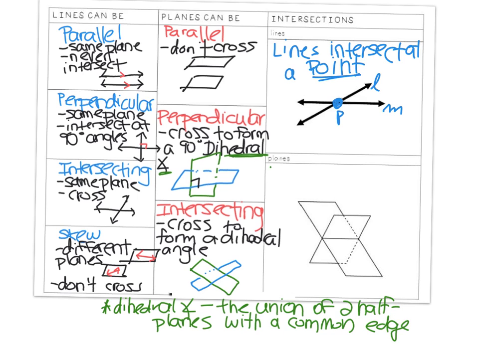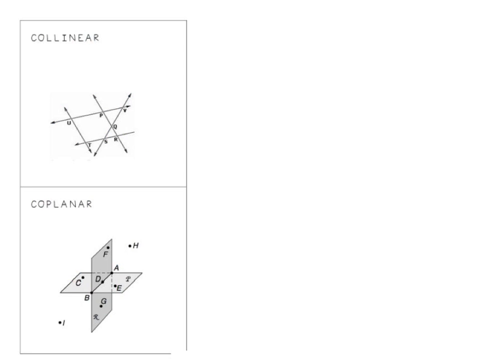Planes, however, when they're intersecting planes like this, intersect at a line. So in a different color here, you might want to draw this line, keeping in mind that the planes do go on infinitely, so there are arrows on that line. We're just representing it with two parallelograms intersecting.